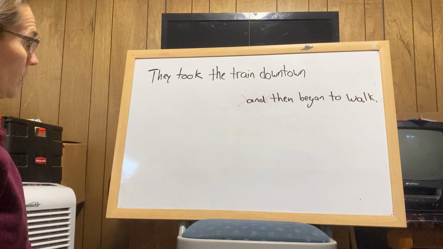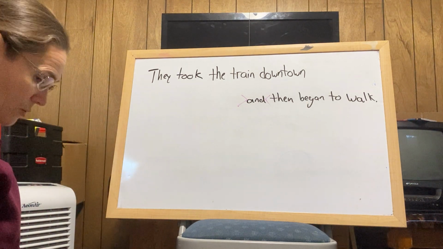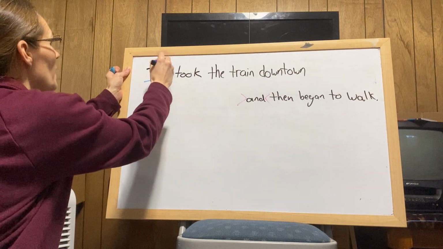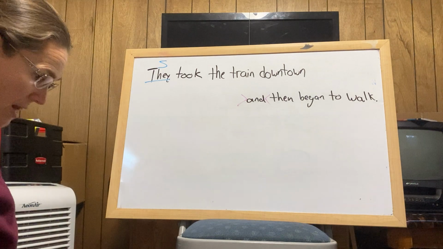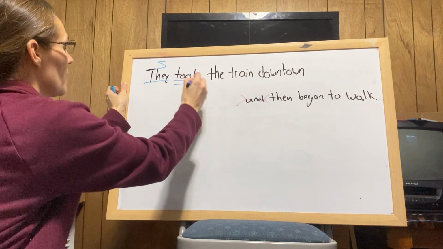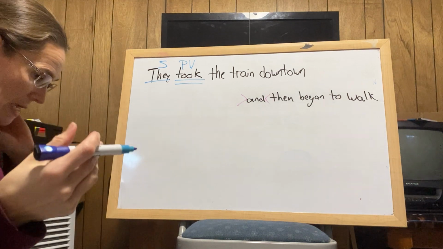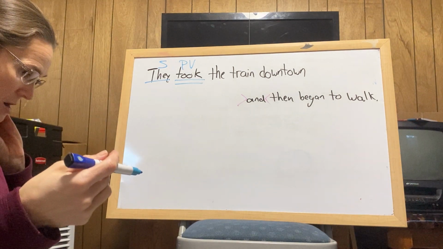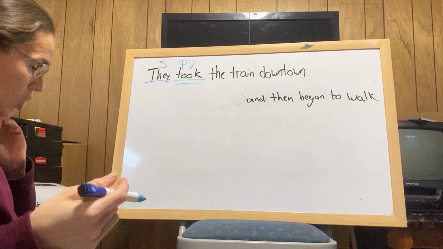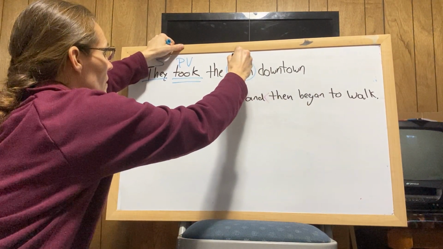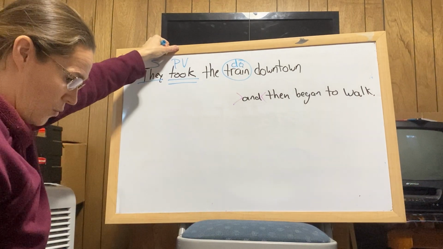This sentence is about they. They is our subject. They did what? They took, that's our predicate verb. They took who or what? They took the train. They took the train where?